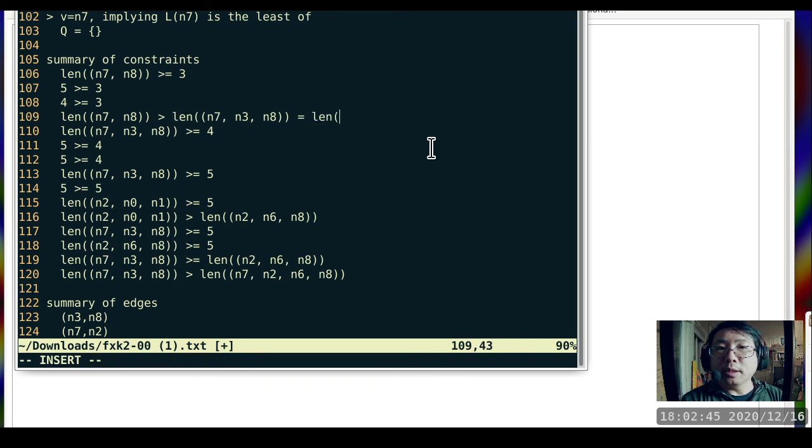So this is the length of N7, N3 plus the length from N3 to N8, which is a 3 that we have determined earlier. So now we can replace that with this. And basically we are just looking at everything that has N3, N8 and break those up. Like that.